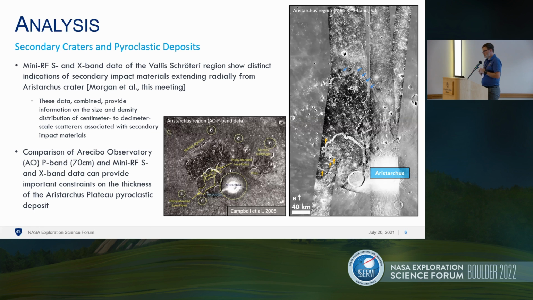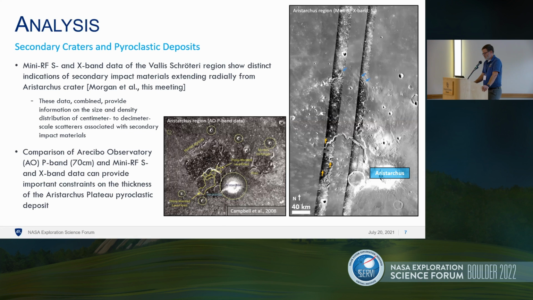Those orange arrows that you hopefully can see in the image are pointing out some secondary impacts from the Aristarchus impact, where we can very distinctly observe the roughness characteristics of those deposits as they radiate from the primary crater. And we can look also at X-band.